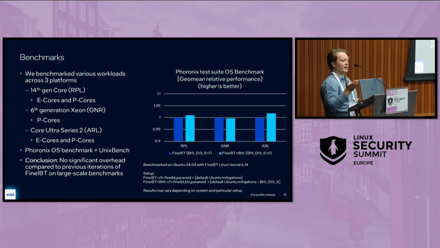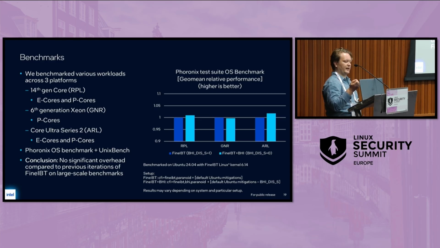So we ran a bunch of benchmarks. We ran Phoronix OS benchmarks and Unix bench. There's some variance in there, but in my opinion, the most representative one is the Phoronix OS benchmarks, which is a huge set of real-world workloads. And what we can see here is, in general, the overhead with FineIBT plus BHI is negligible compared to FineIBT.